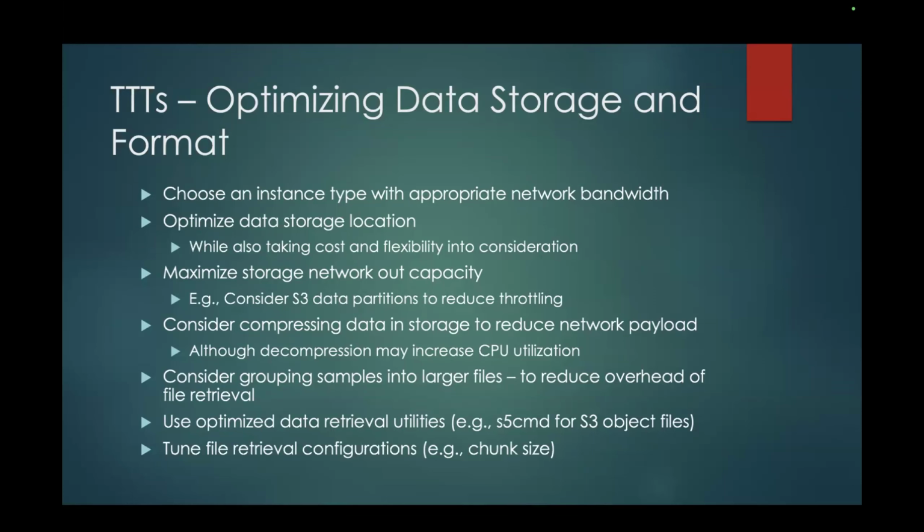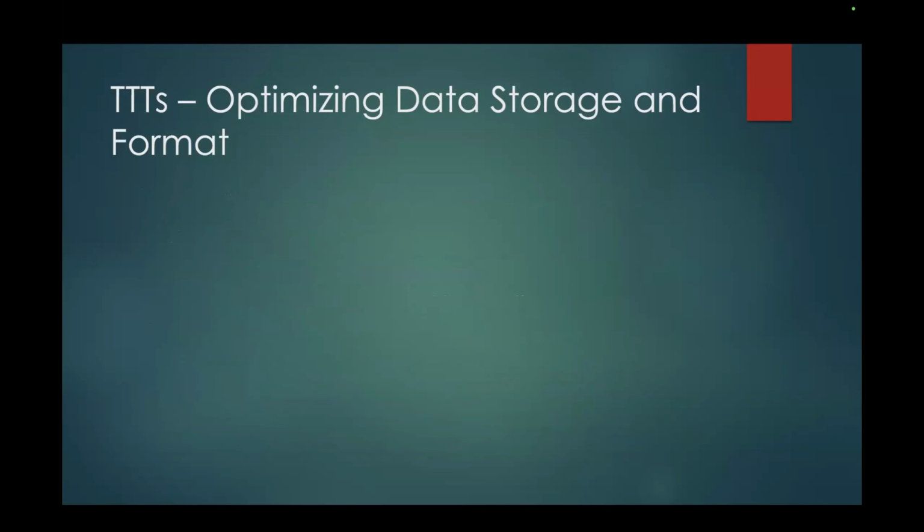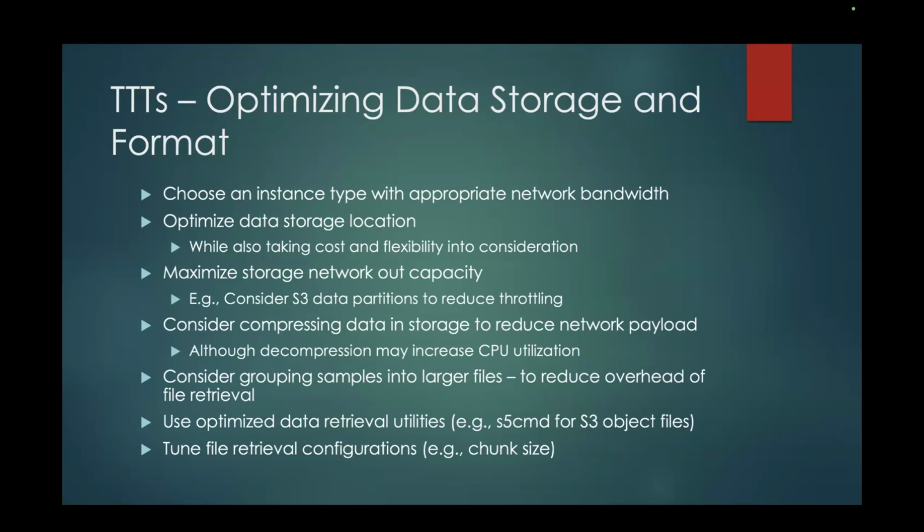We have found that the differences in data retrieval between different utilities that perform the same operation, such as Goofys versus S3FS, or s5cmd versus the plain AWS command line, could deliver dramatic differences in performance. And then, of course, you have the option of tuning file retrieval configurations, such as chunk size.